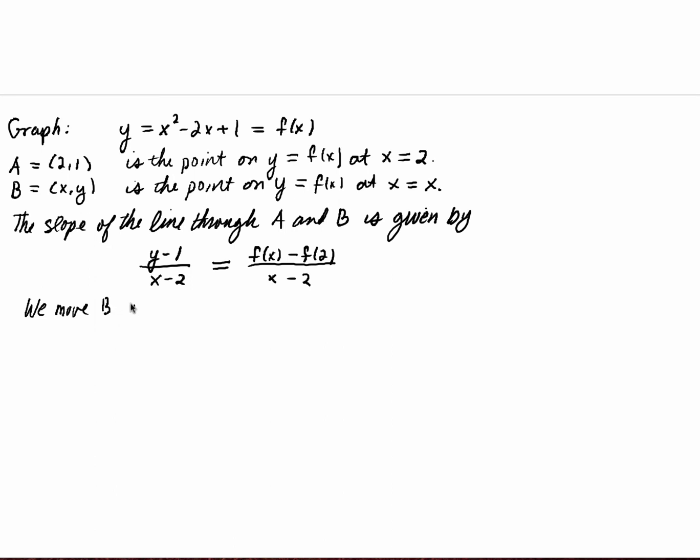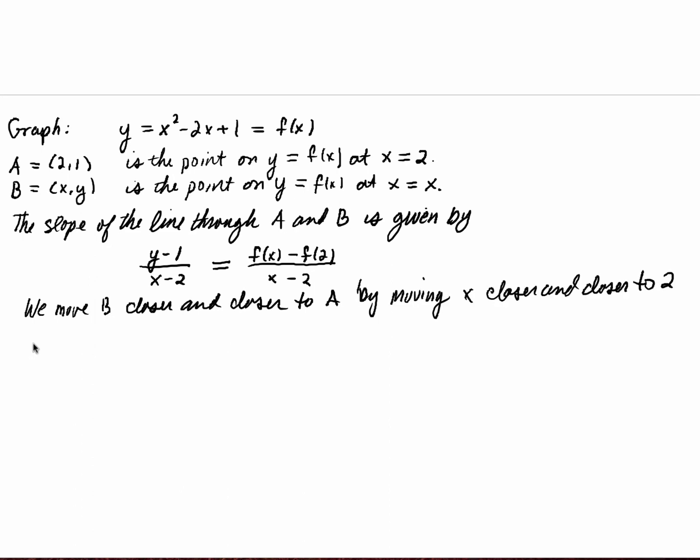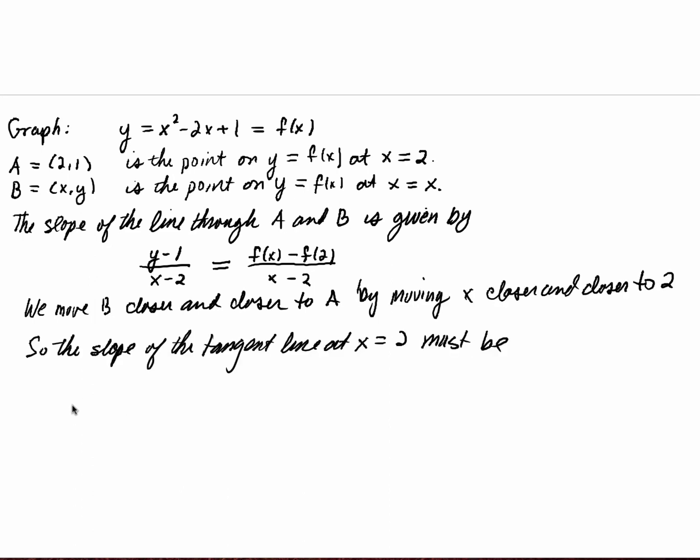As we change x, the f of x gives us the y, and the f at 2 is always going to be 1. Remember how we moved our secant lines closer and closer to the positioning of the tangent line by moving the B closer and closer to the A. And this was done by moving the x-coordinates of the B closer and closer to 2. So we need to find the limit as x approaches 2 of our slopes.